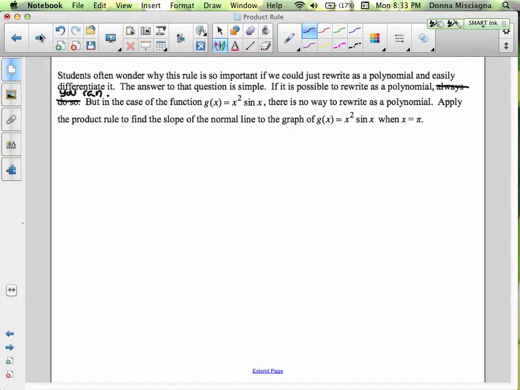All right, so let's use the product rule here. So we have g of x equals x squared sine x. A little reminder, I'll probably write it each time. You don't have to write it each time in your notes because you have it on the front page, but we can't see the front page. So each time I'll just write it real quickly.